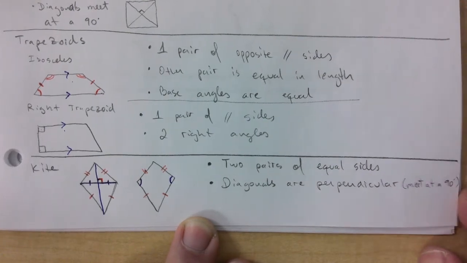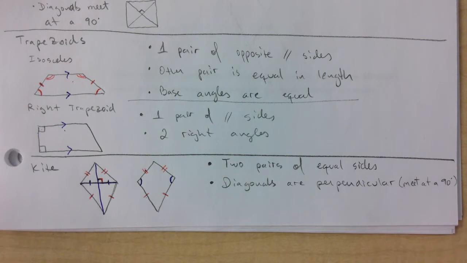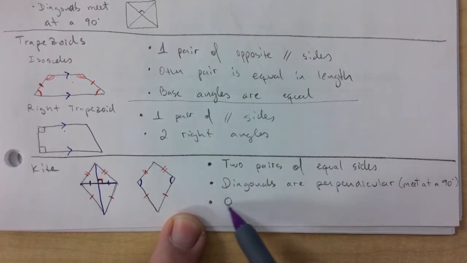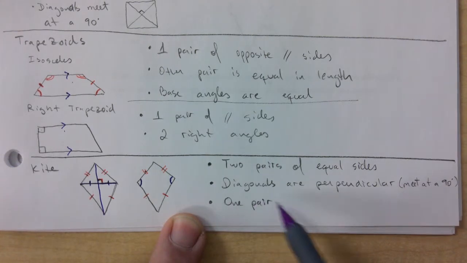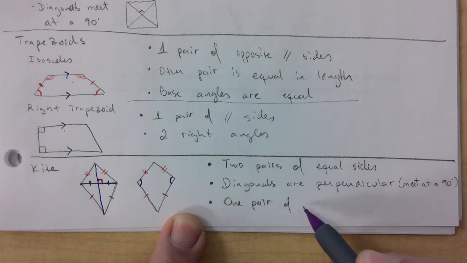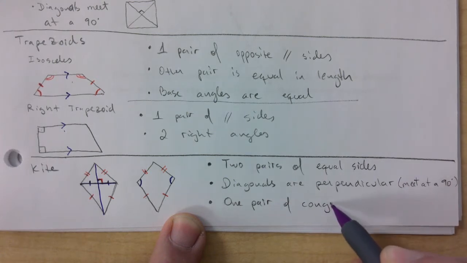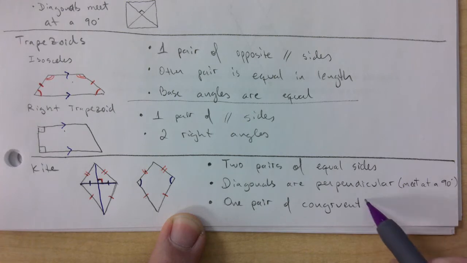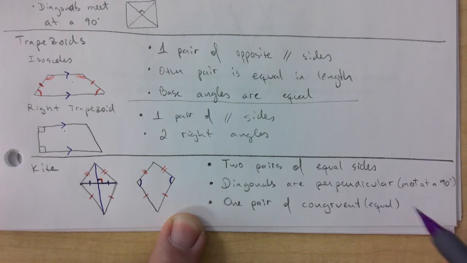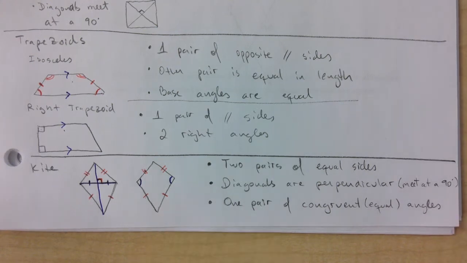That's what perpendicular means. But I think it's important for you to know that word before you leave grade 12. One pair of congruent or equal, right, angles. That's it for properties. If you were able to fit all of this on this page, you did good.